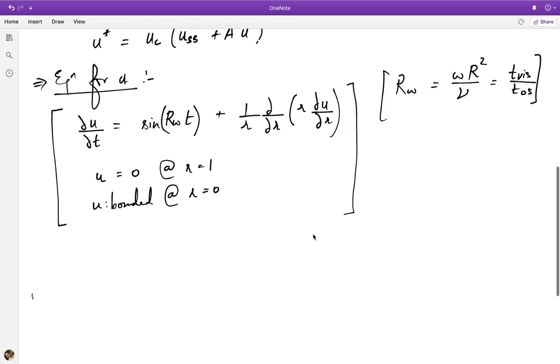Very nice. So this is now really the problem that we want to deal with today. It's unsteady flow in a pipe where you have a purely oscillatory pressure gradient sine omega t, where Rw is a non-dimensional term that represents the magnitude of the frequency really. It takes the form of a ratio of time scales.